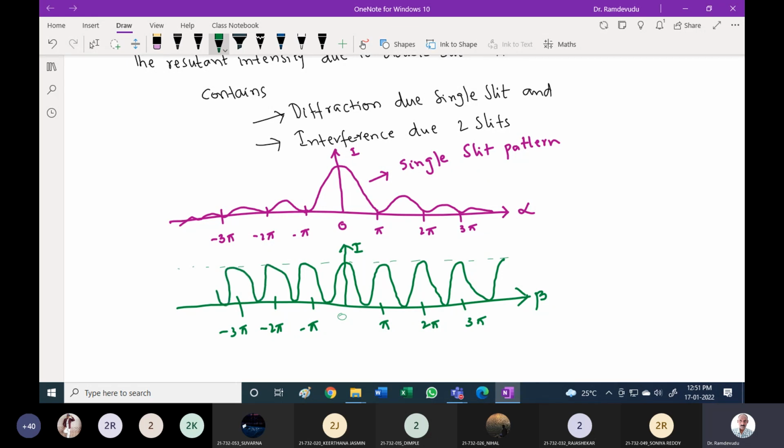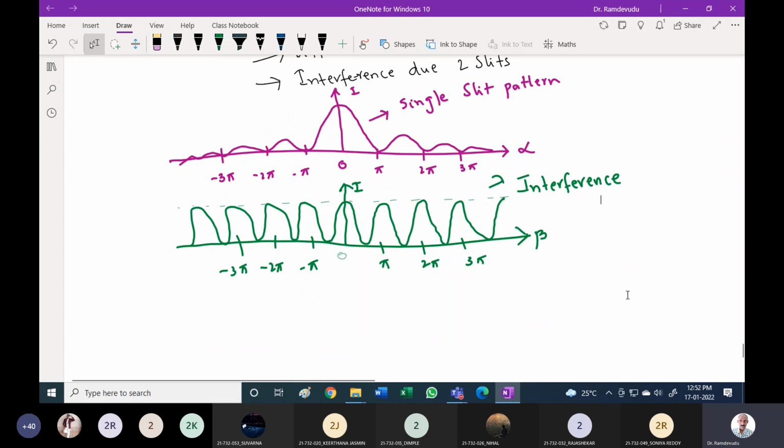So we will get like this. This is the interference pattern. So therefore, a double slit will have both single slit and interference, but the resultant is a superposition of these two.